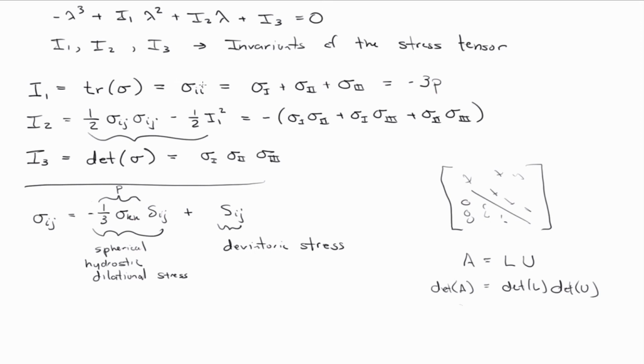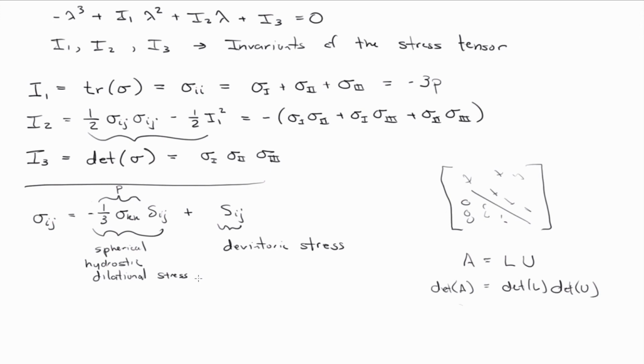If you have a repeated index, it's a dummy index and you can replace it with anything. So sigma kk, I can say sigma ii, they're identical. So if sigma kk is 3p, then I plug it into this equation and 1/3 of that would be p. Okay, and so this is called the pressure.